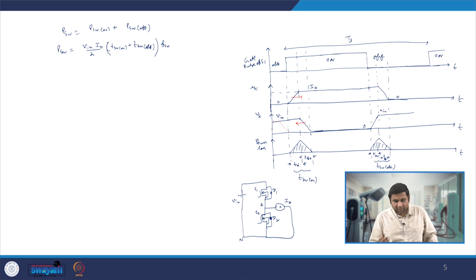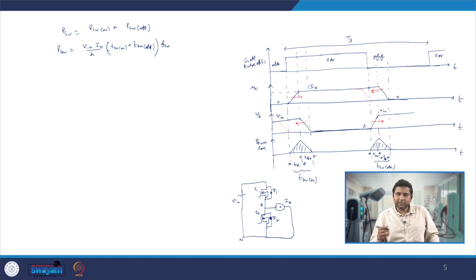Similarly, during turn off, if I can somehow make sure the current goes to 0 before the voltage starts rising, by pushing the current fall before the voltage starts rising, then I can avoid any overlapping. Similarly, I can delay my voltage rising after my current falls.